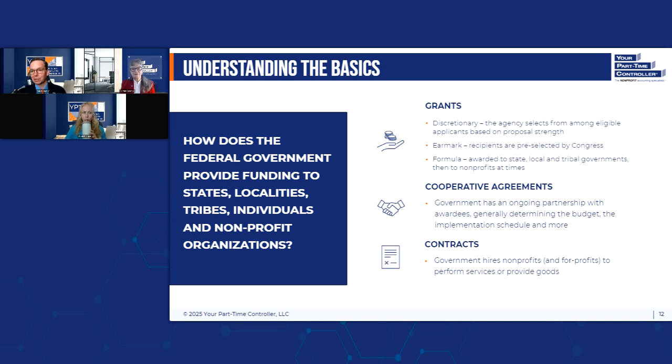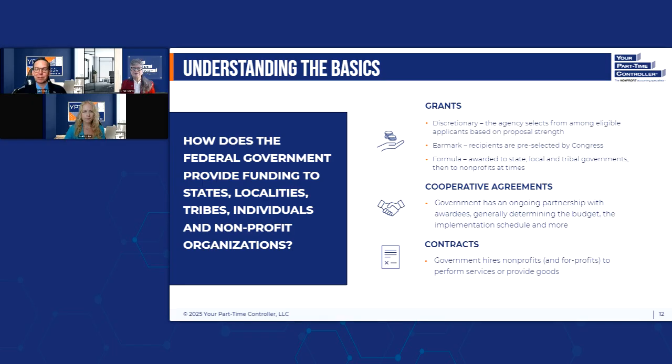It's supposed to be something that will fix a problem in society, improve society, as I said earlier. There are several different types of grants. There are competitive ones, which are known as discretionary. There are earmarks, which we often know as pork, although I will say they're not always bad. It's just the way they happen. And then there are formula grants. Those are grants that are made to states and cities and tribal governments.